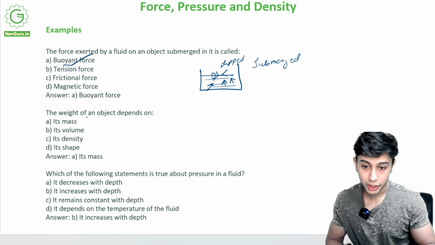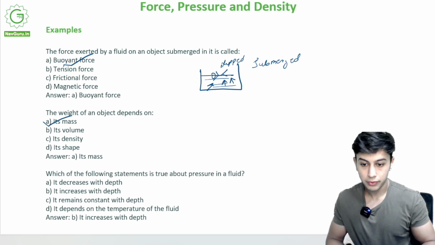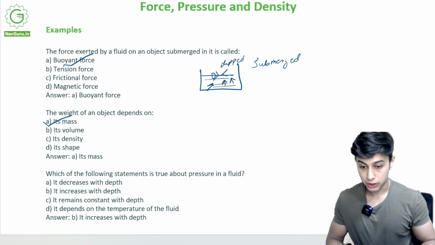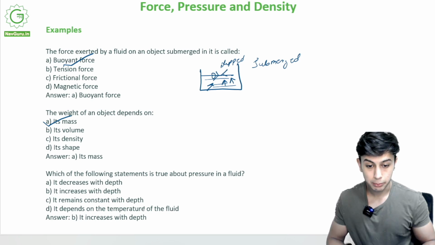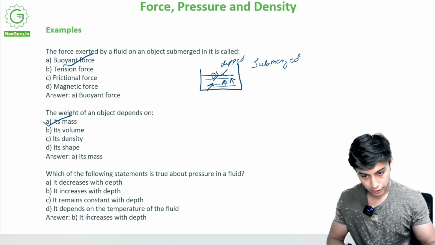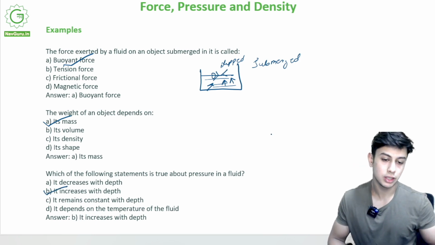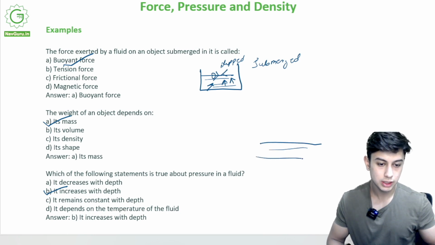Weight of an object depends on its mass. Which of the following statements is true about pressure in a fluid? It decreases with depth, it increases with depth, it remains constant with depth, it depends on the temperature of the fluid. It does not depend on temperature, it increases with depth. Supposedly this is the sea and there is a submarine.